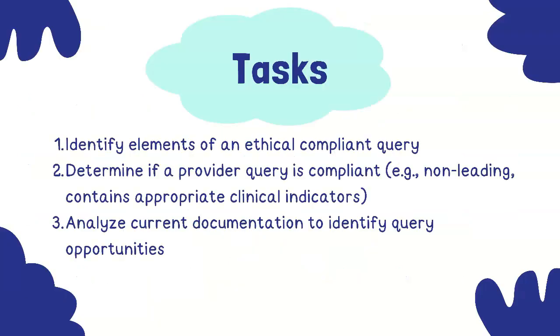So, at 9 to 11% of the exam, the query process, Domain 3, has three tasks. Number one, identify the elements of an ethical, compliant query. I like how they say ethical and compliant.